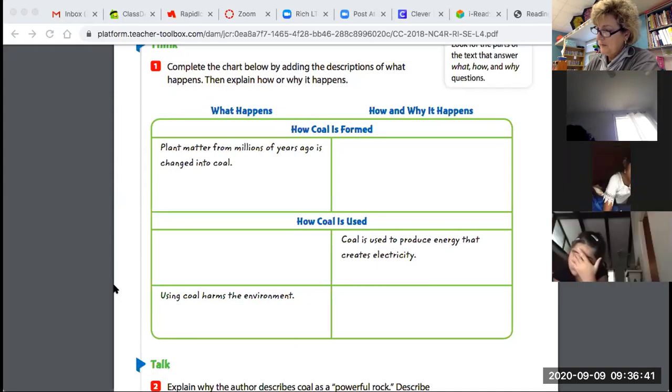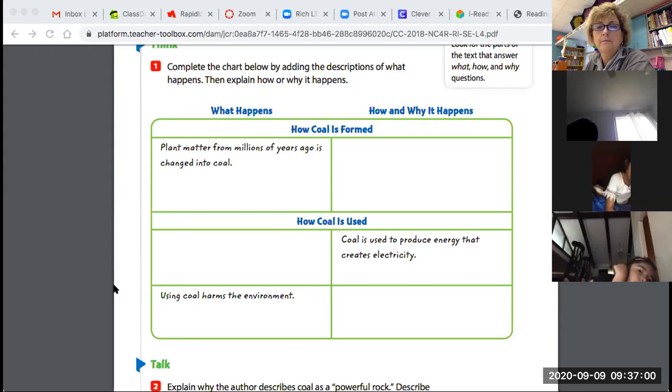And it's carried through the air by the wind and falls in the rain. And it's called acid rain. And it makes plants and animals very sick. You see that? So what do we need to write in that next box about how and why?